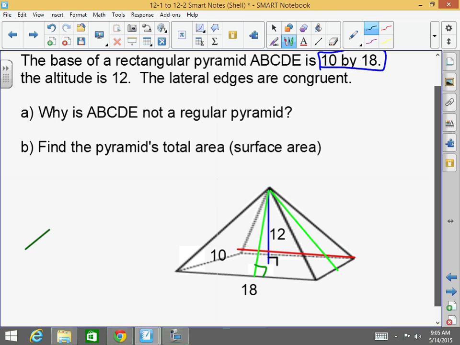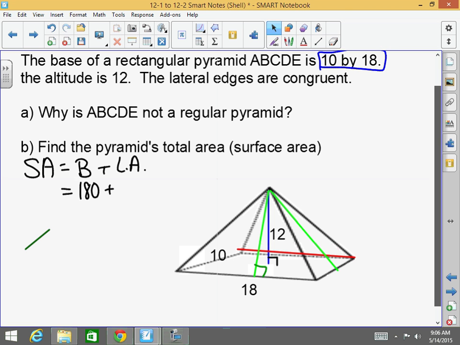So what's the base here? 18 times 10, which is 180. Now, plus the lateral area. I put two slant heights here on purpose because I'm going to have two different areas for the lateral faces.